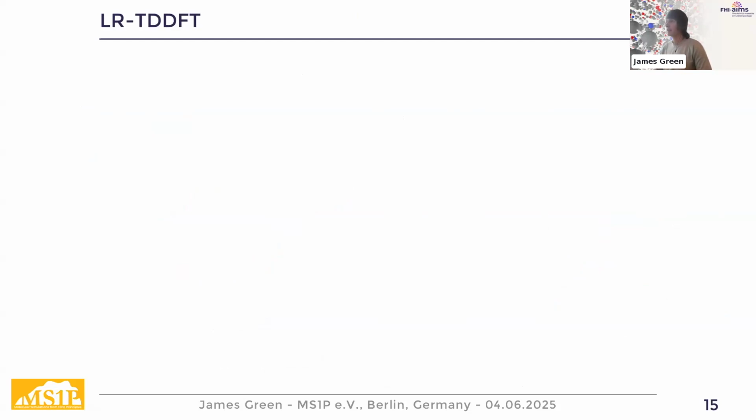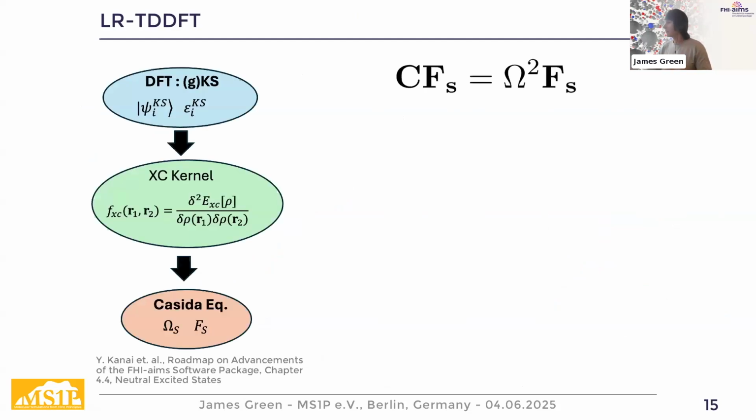Linear response TDDFT is actually quite similar to BSE. We have the so-called Casida equation, where this matrix C resembles essentially the same as the A and B matrices that I showed on the previous slide for BSE. The difference is, rather than a GW calculation, you feed into it an exchange correlation kernel.